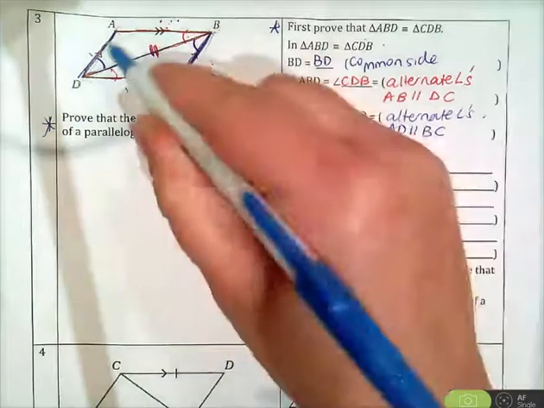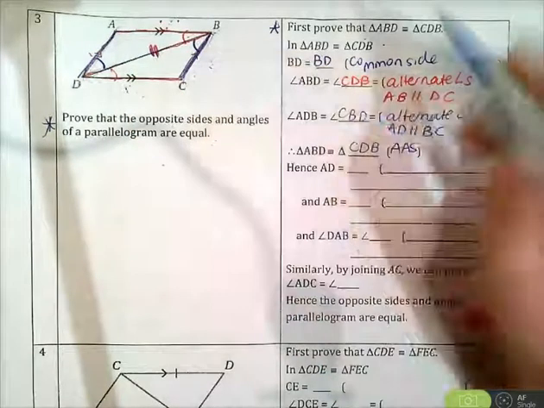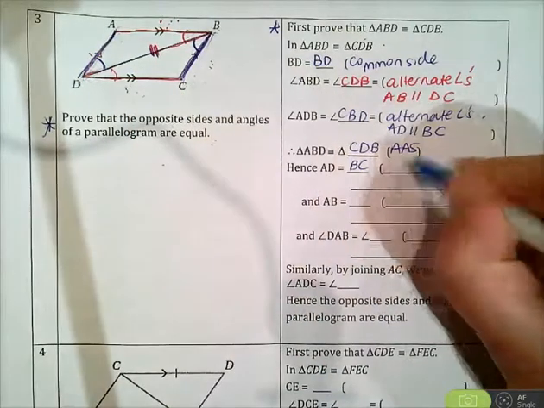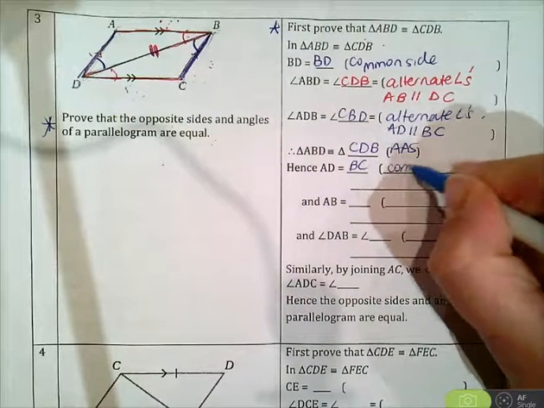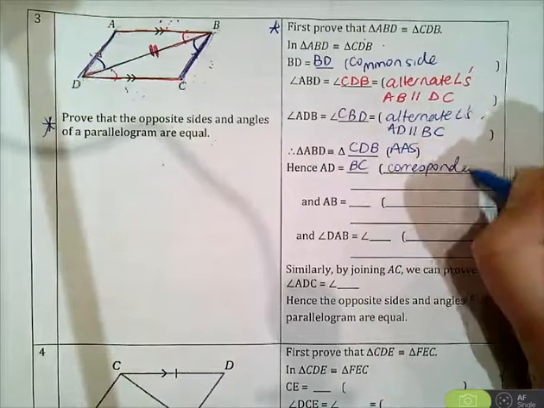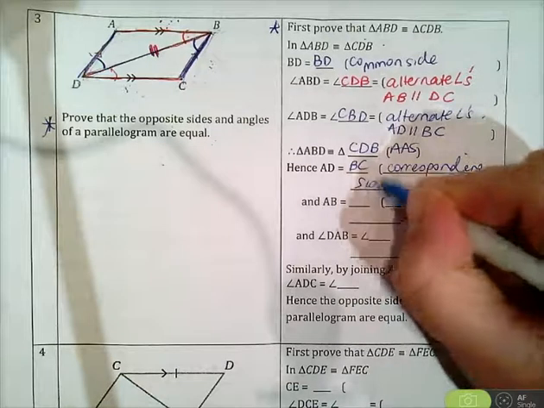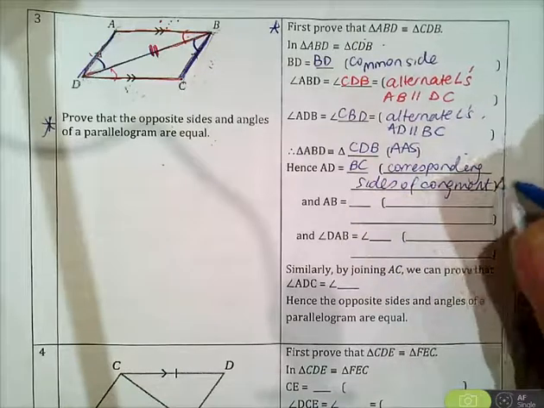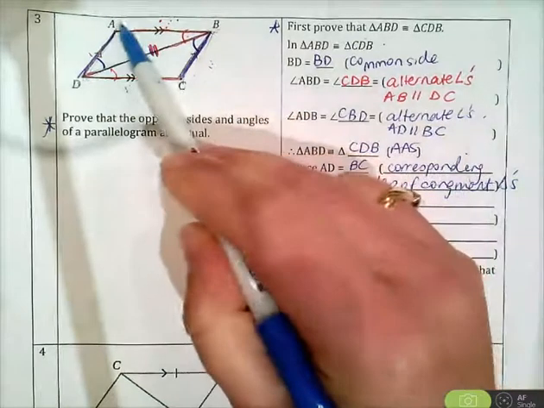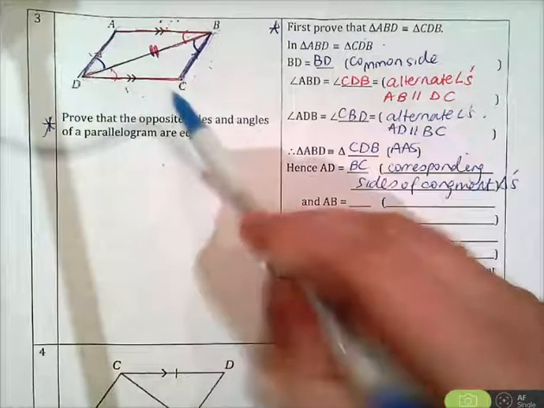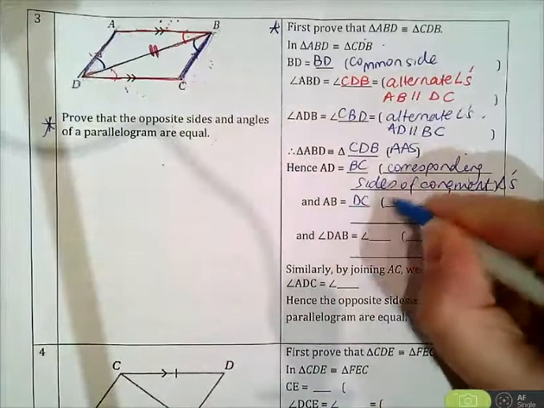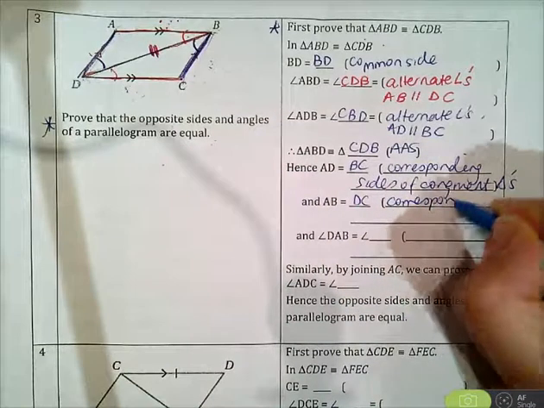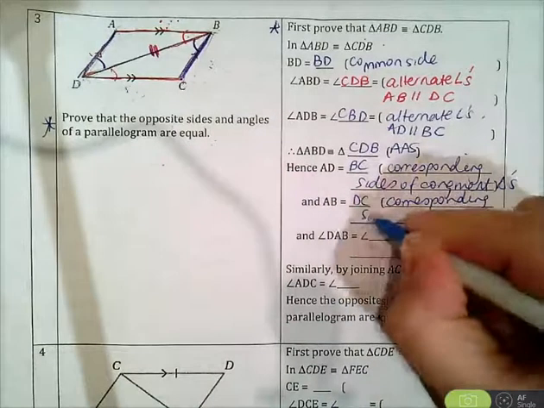Hence AD equals BC, because they are corresponding or matching sides of congruent triangles. We can also say that AB equals DC, and they are also corresponding sides of congruent triangles.